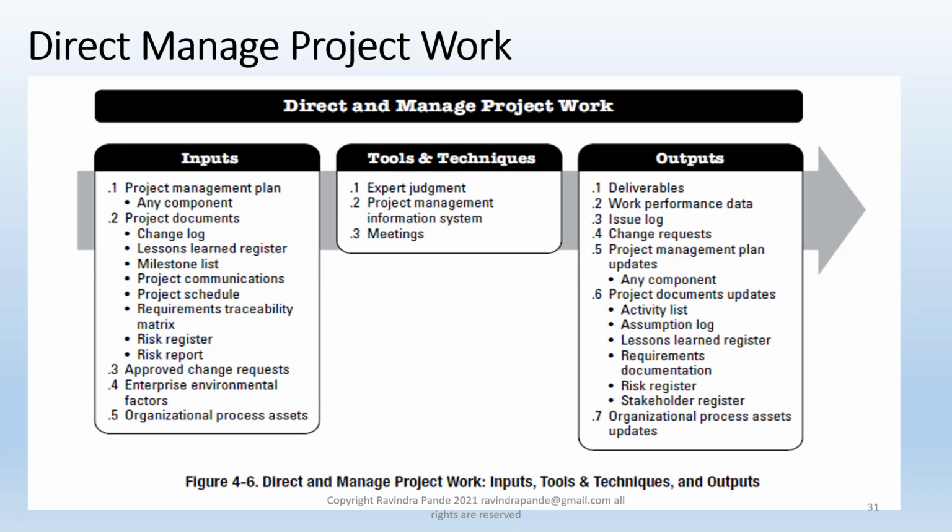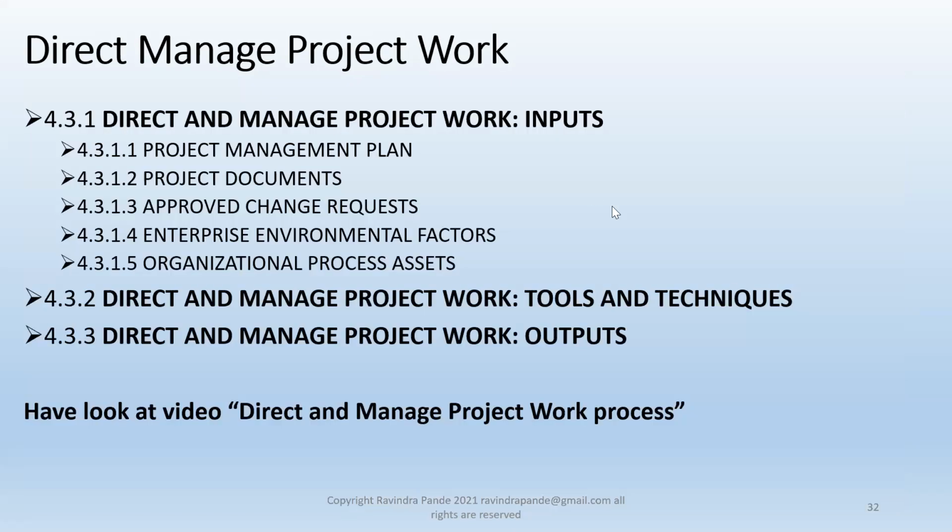Okay, no problem. Now, this is a kind of repetition where we normally do in terms of what all things we do, and this is also one way the project management book revises these things. So in chapter 4.3.1, which is direct and manage project work, the inputs are mentioned: there are 5 inputs in terms of project management plan, project documents, approved change requests, EEF and OPA.